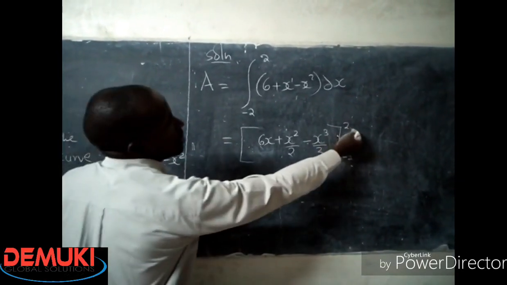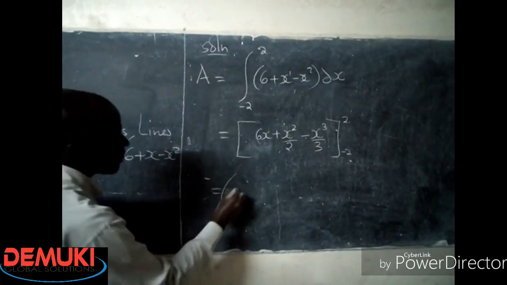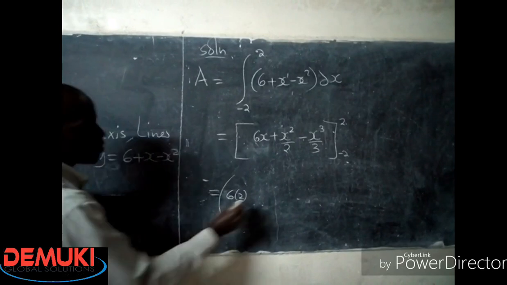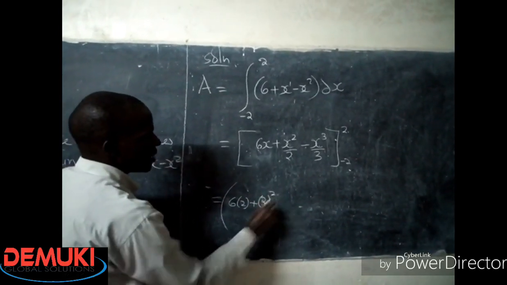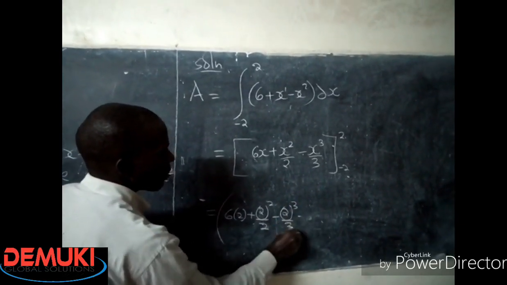There is nothing to simplify because it's in the simplified form. So we now substitute in our upper limit, which is +2. We shall have 6 times 2, plus 2 squared over 2 minus 2 cubed over 3.